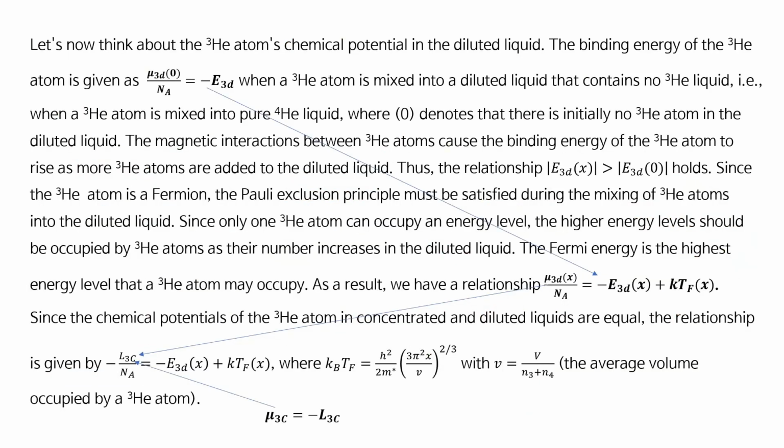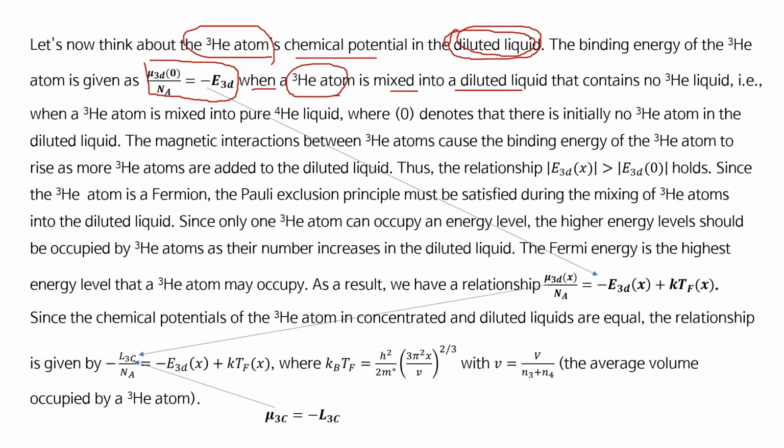Let's now think about the helium-3 atom's chemical potential in the dilute liquid. Right? The binding energy of the helium-3 atoms is given as this equation. Here, a helium-3 atom is mixed into a dilute liquid that contains no helium-3.